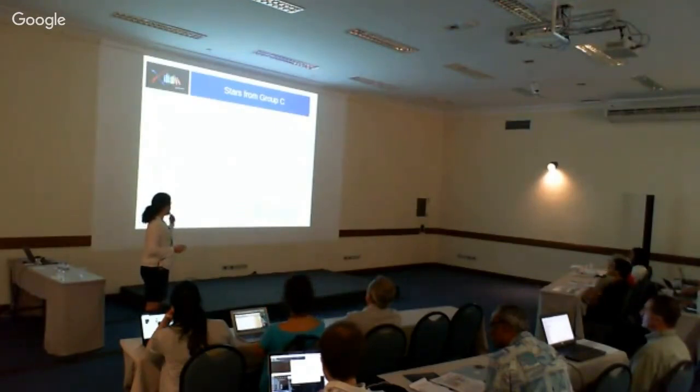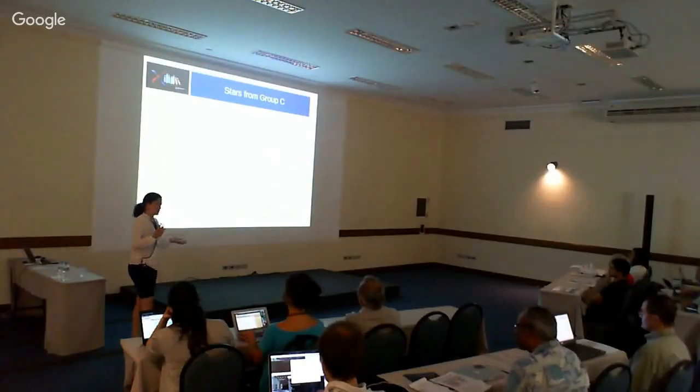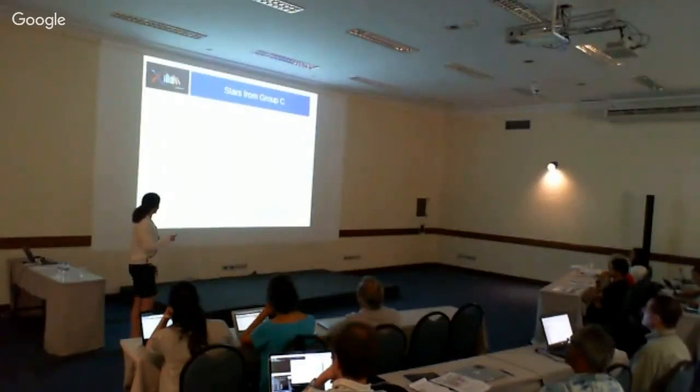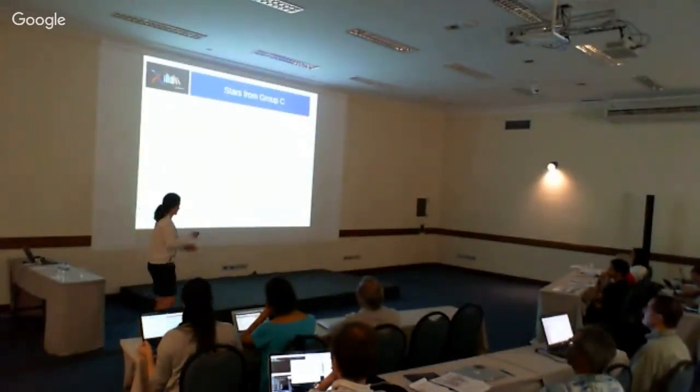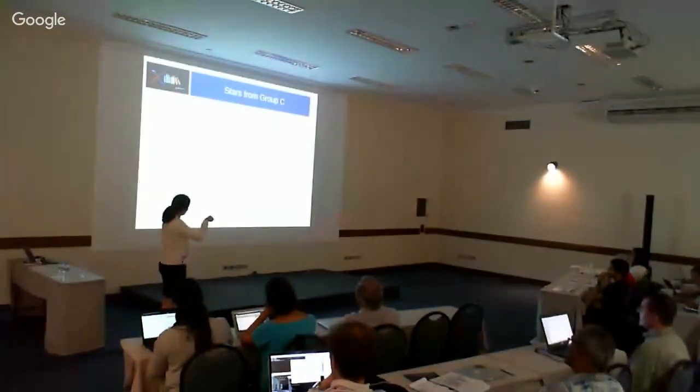And so if we want to compare the temperature found for group C with the temperature found for group B, we can say that it's more or less the same temperature, but the error bars are getting bigger and bigger because we are more and more affected by the circumstellar dust. And you can say that more or less the fits are okay, let's say. But we start to see some spectral issues, for example here, but I'm going to talk about it later.